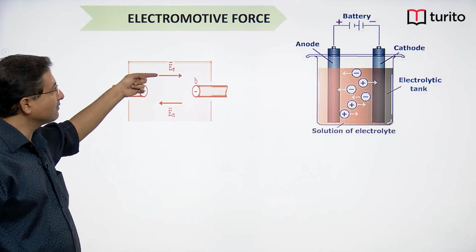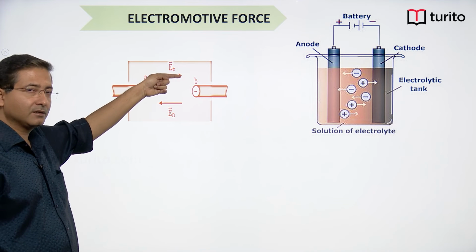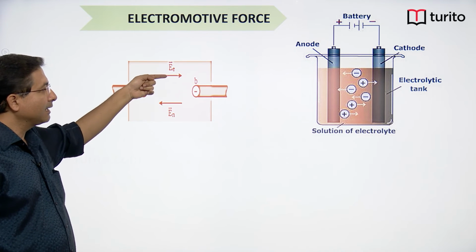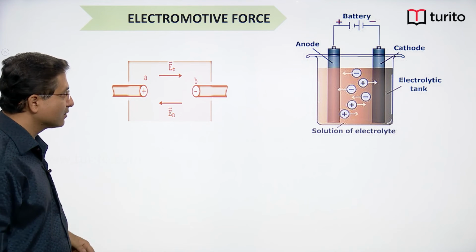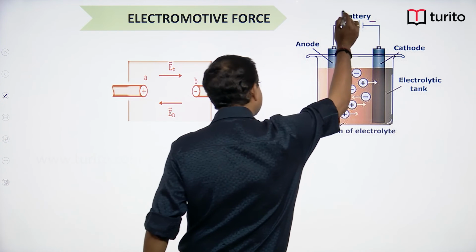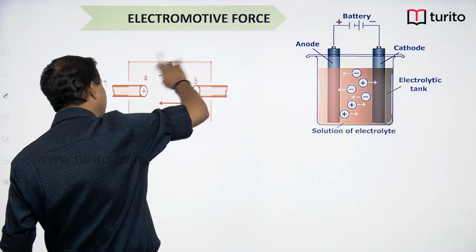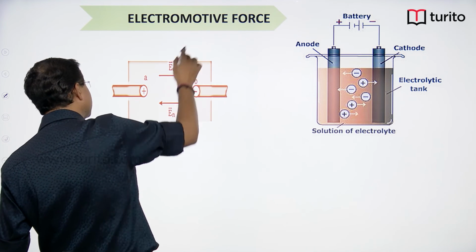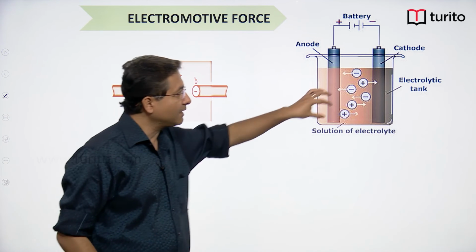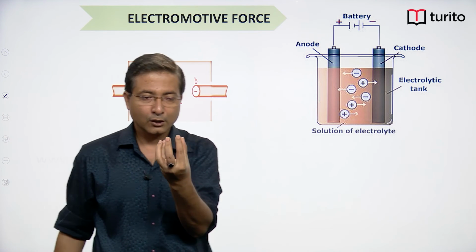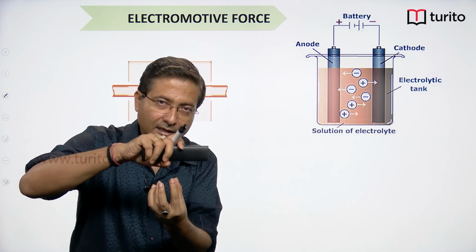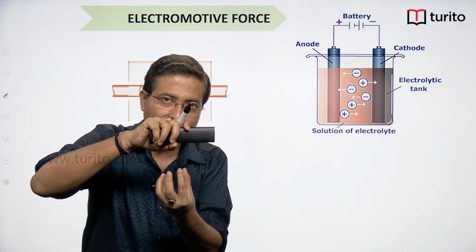So there is a conservative electric field from A to B, okay. If the cell is in open state, when the battery is not connected and nothing else is connected across the two terminals, then the ions inside will be in equilibrium. There exists a conservative electric field, but the ions are in equilibrium.